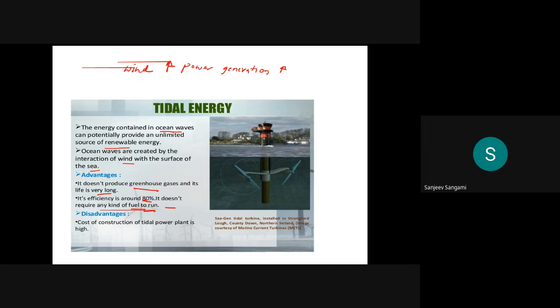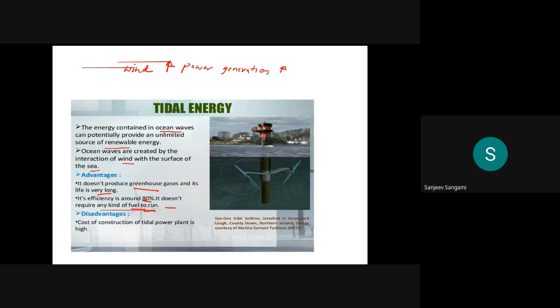Continuous energy generation will be there even without initial energy utilization. For example, if you are generating 100 kilowatts of power, 1 or 2 kilowatts of power you have to use as a starting to produce the 100 kilowatts.